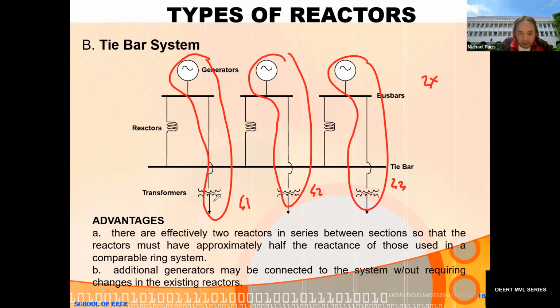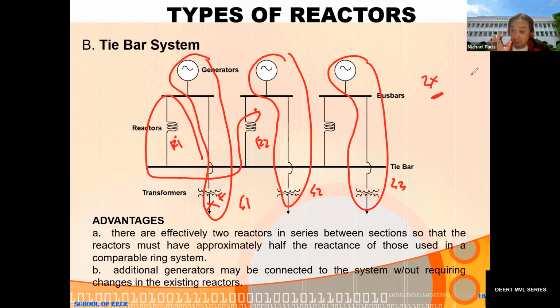If a fault occurs at one of the transformers here, before again it goes to another section, as you can see on this path, you have one reactor and you have another reactor here. So you have R1 and R2. The protection is twice, right? But again, it is expensive in terms of the setup because you need to install a tie bar.